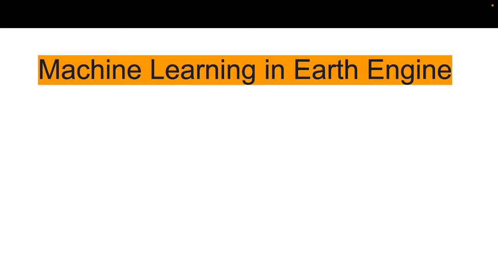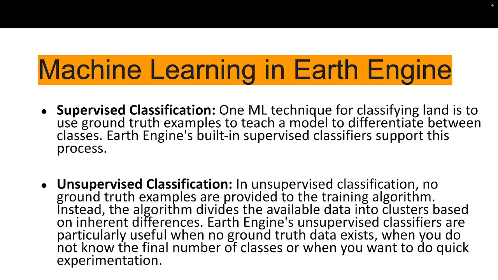We find two main types of machine learning, supervised and unsupervised, as well as semi-supervised, which we sometimes also use, and reinforcement learning is also available. But in the Google Earth Engine platform, we basically use these two types: supervised and unsupervised.